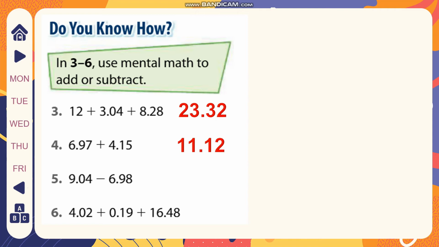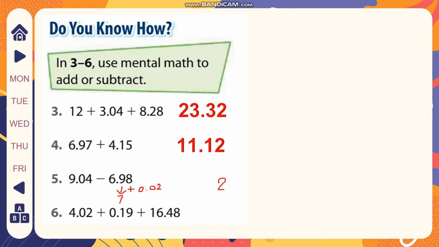So that is how to apply the compensation method in addition. Now, how do I apply the compensation method in subtraction? I will make this a whole number. I will make this 7. So it means I added 0.02, because 0.02 plus 0.98 is equivalent to one whole. Plus 6, it becomes 7. So 9 minus 7 now is 2.